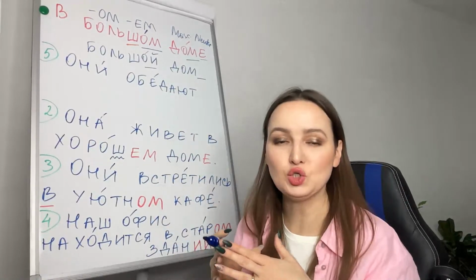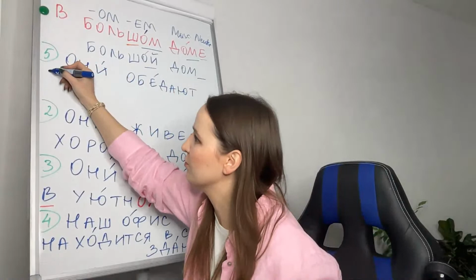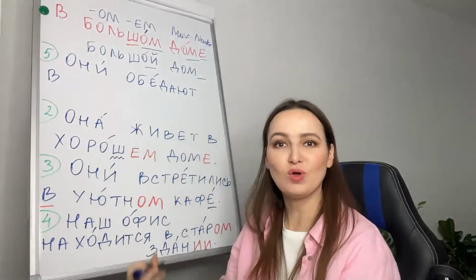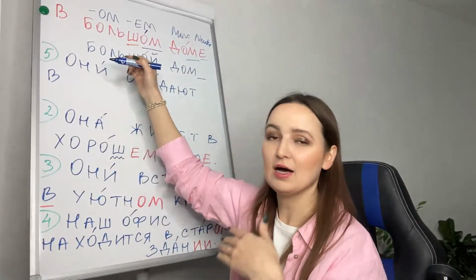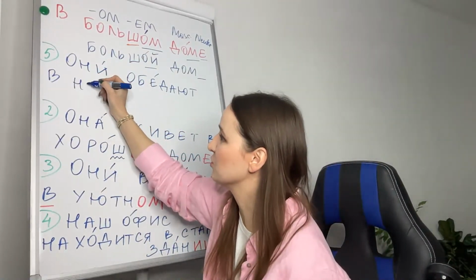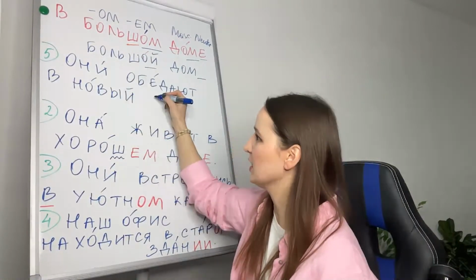Они обедают in a new restaurant. Where? So we already know that here we have to use the prepositional case. В новый ресторан. Let's first write it in a nominative case. Новый ресторан.